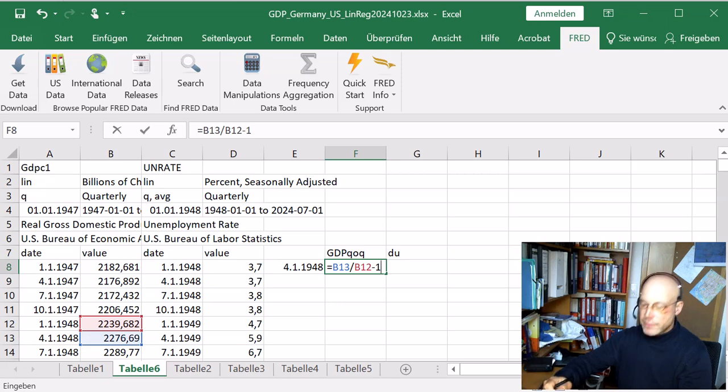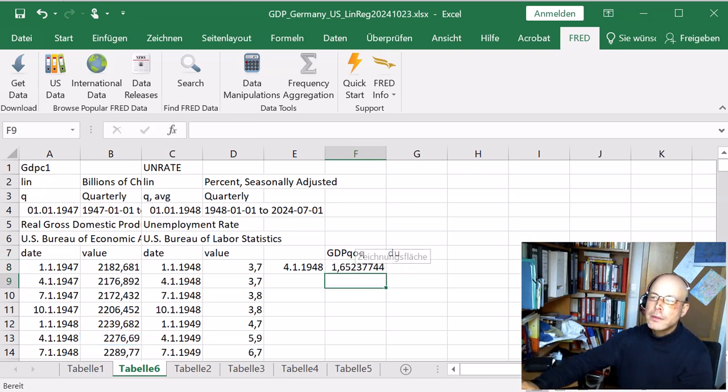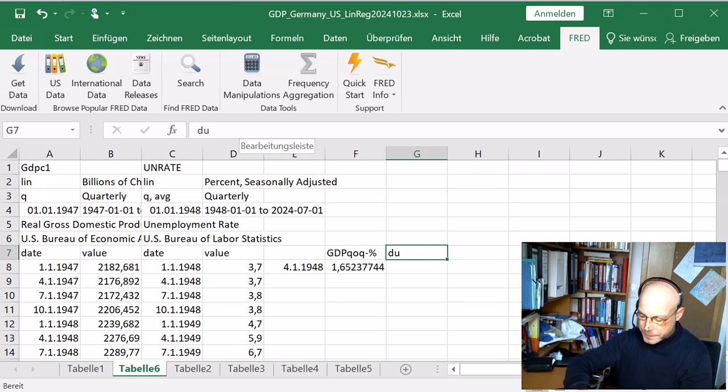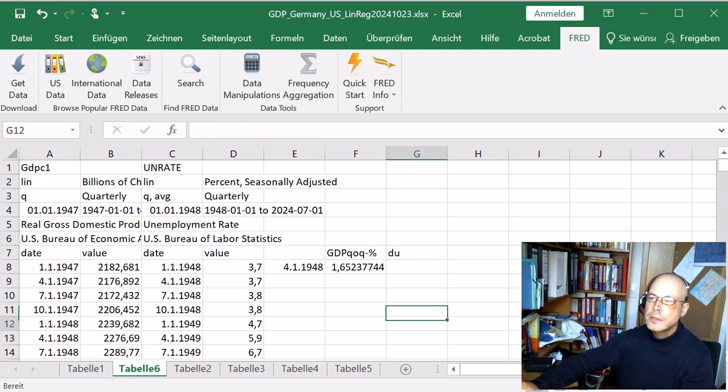And that we have this in percent, we multiply this with 100. Then also here we have to put this in. This is in percent, and this is also in percent.